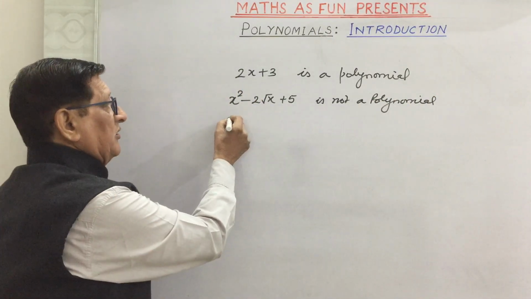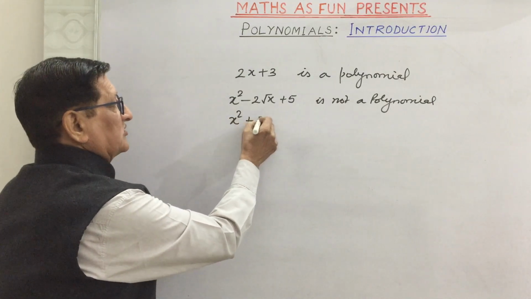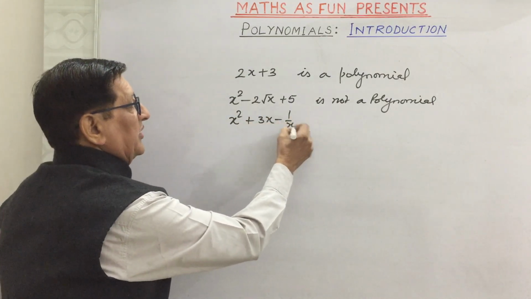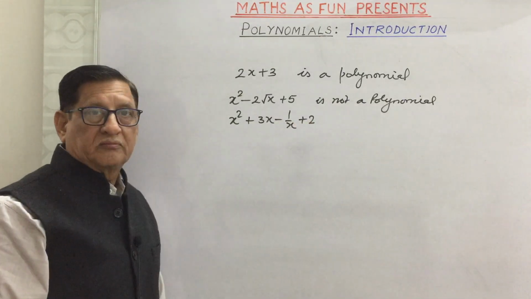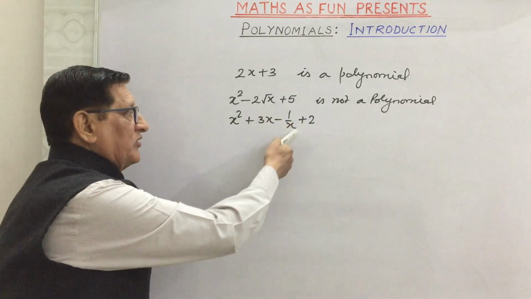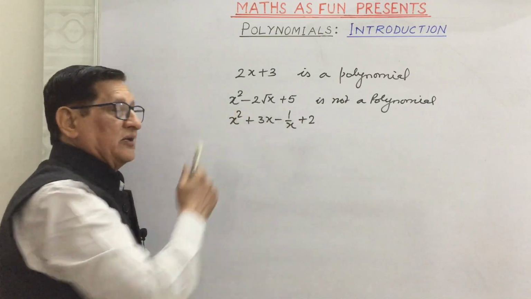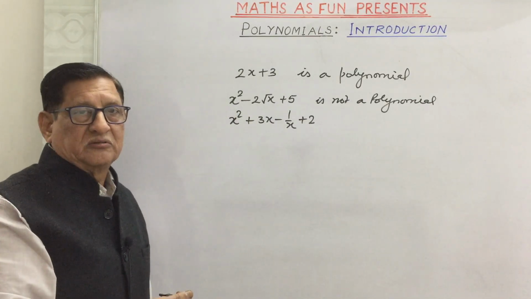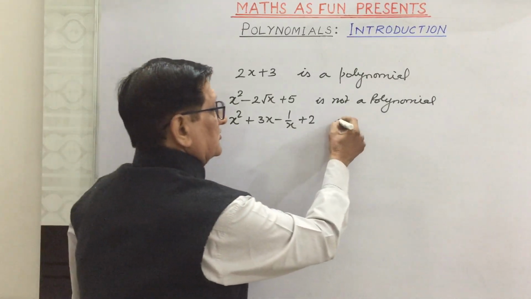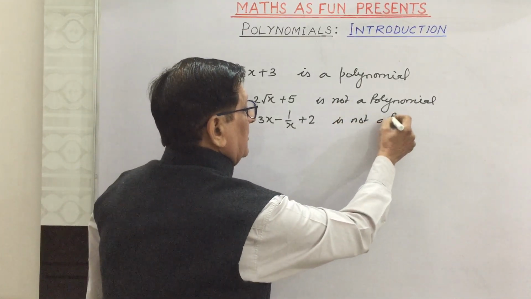If we have another one like x square plus 3x minus 1 upon x plus 2, here we find this is 1 upon x, which says that this is x power minus 1, a negative integer, so it is also not a polynomial.